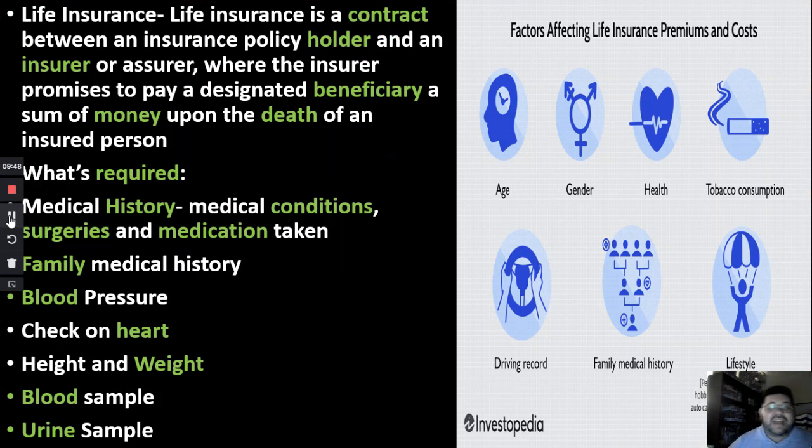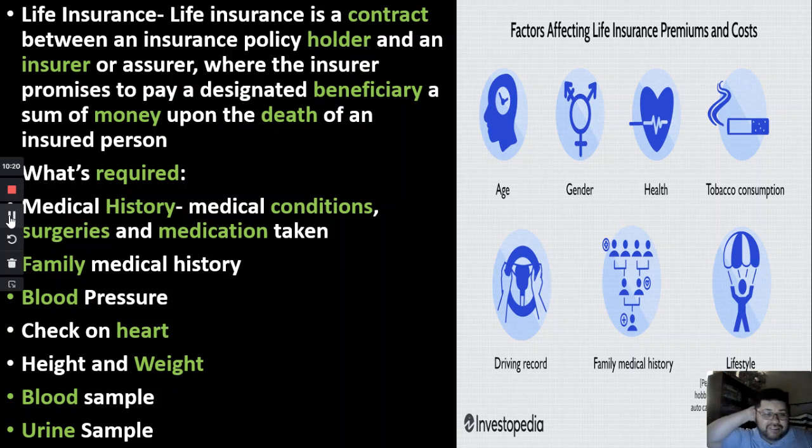Now, life insurance is basically a contract between an insurance policyholder and an insurer, where the insurer promises to pay a designated beneficiary a sum of money upon the death of an insured person. So basically, they're kind of gambling on your life in a sense. So if insurance people are going to put money down on you, they want to know about you.